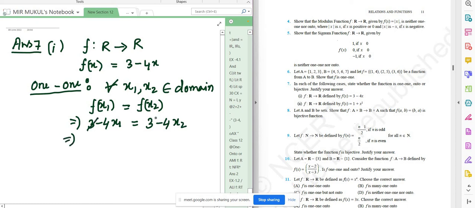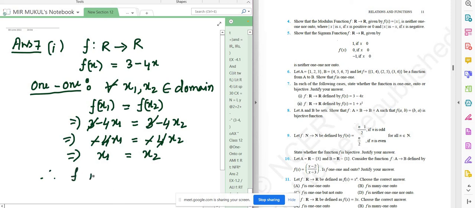From both sides 3 and 3 cancel, minus 4x1 equals minus 4x2. Minus and minus also you can cancel, 4 and 4 also you can cancel. So what we are getting? x1 equals x2. This was the definition of a one-one function. Therefore, f is one-one. Right.